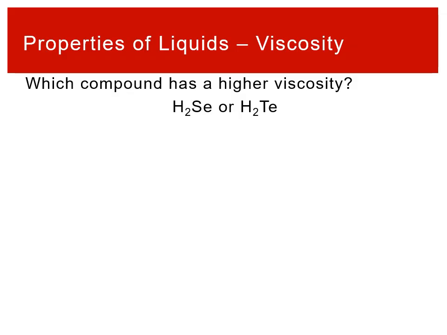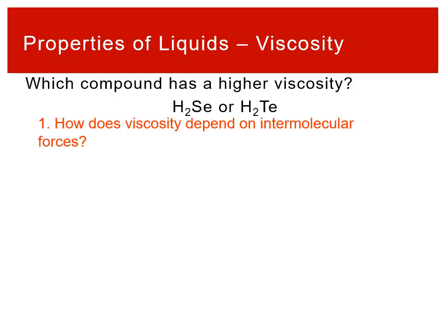Which compound has a higher viscosity, H2Se or H2Te? Whenever we're predicting liquid properties, and especially relating them to the compound itself, the formula, we want to think about how that property depends on the intermolecular forces, because that's really the factor in these compounds.